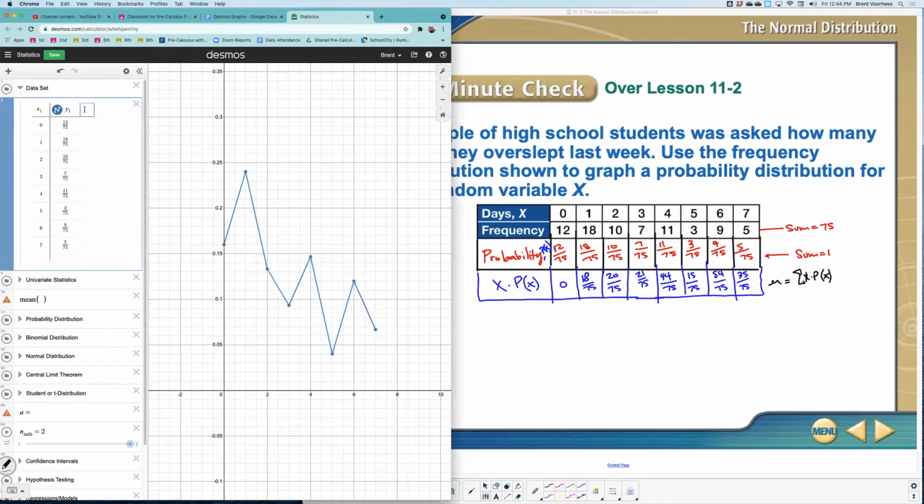I'm going to add this as a new list. Let's just call it M1. So I have 0, 18 over 75, 20 over 75, 21 over 75, 44 over 75, 15 over 75, 54 over 75, and 35 over 75.